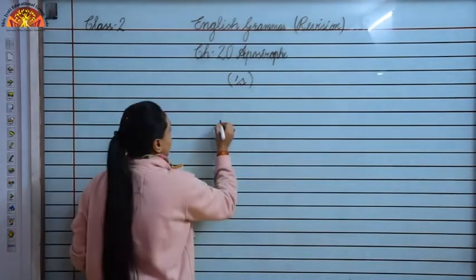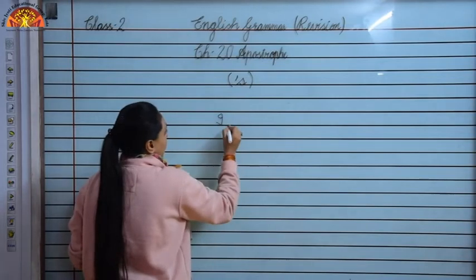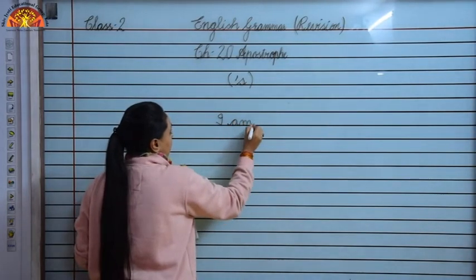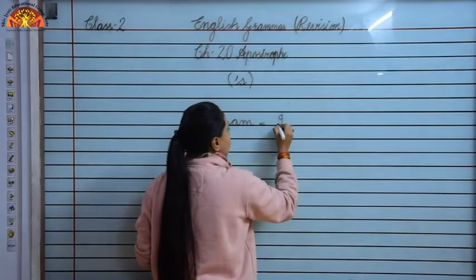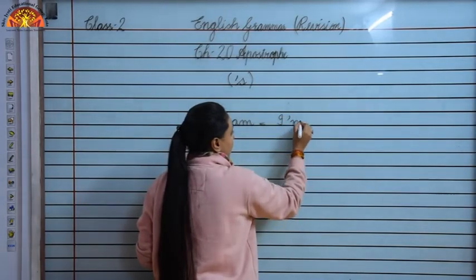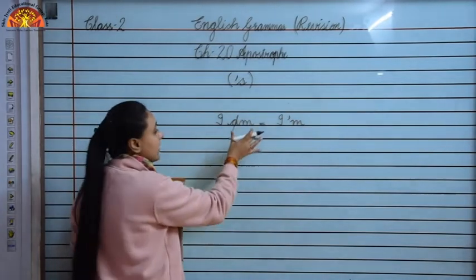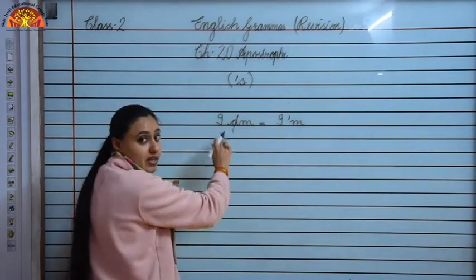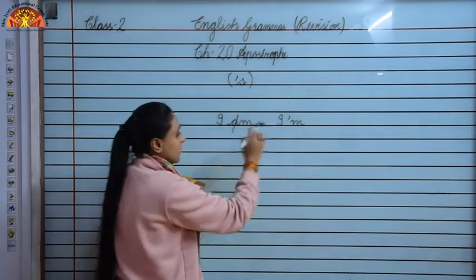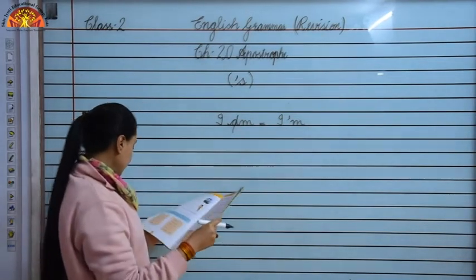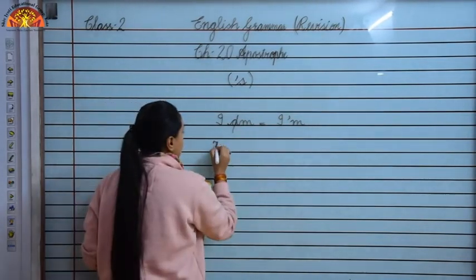Let us see. Look over here. I am. So I can write I apostrophe m. Here I have omitted a from I am, and in place of a I used an apostrophe. Now look over here. They are.